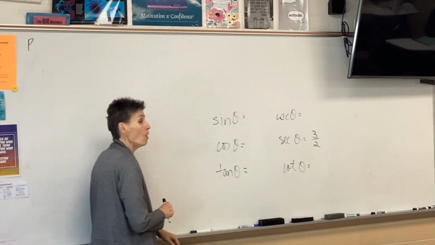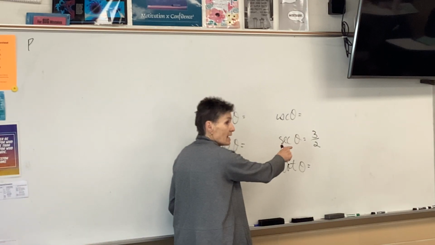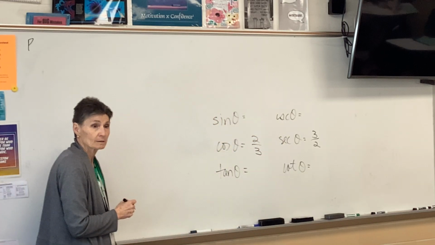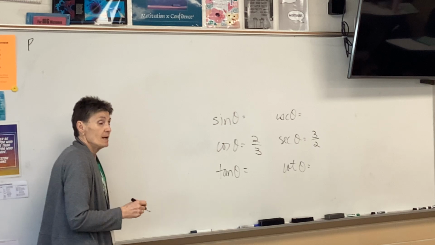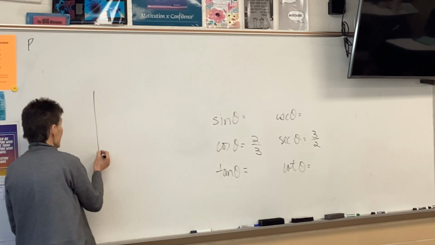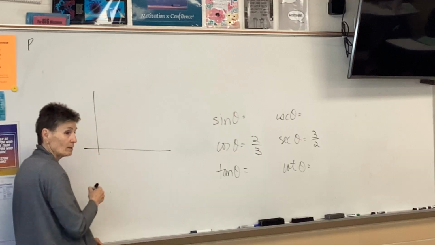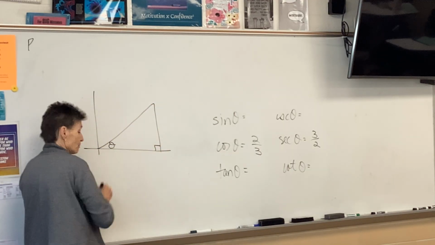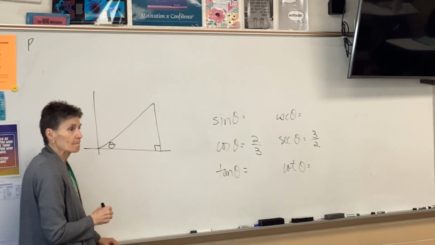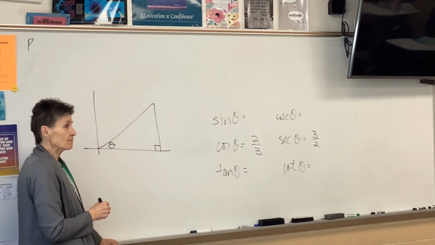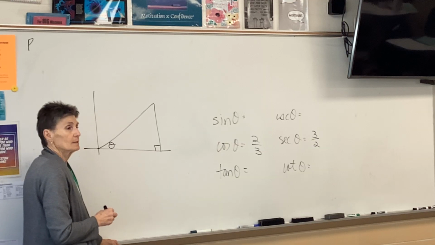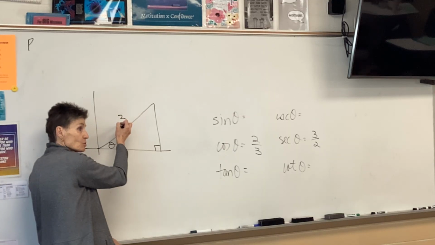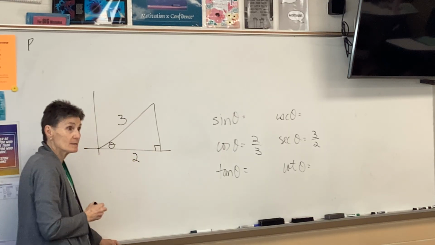If the secant is 3/2, the cosine is 2/3. And Michael is saying, okay, they may not have given me a triangle, but I'm going to go ahead and draw one in standard position. They didn't label it though. And if the cosine is 2/3, then the hypotenuse is 3 and the adjacent is 2.